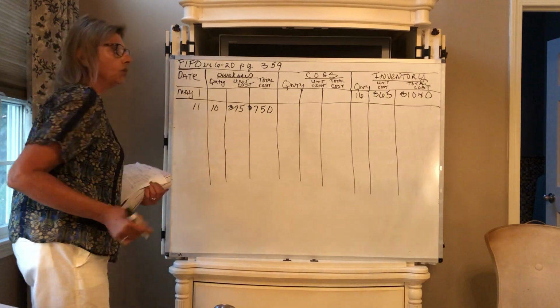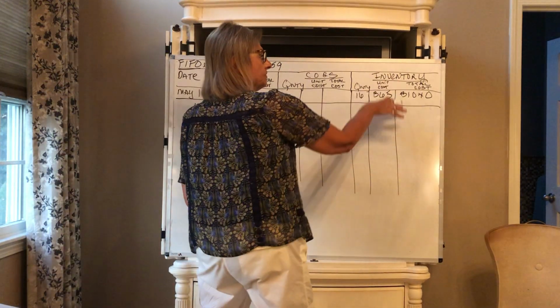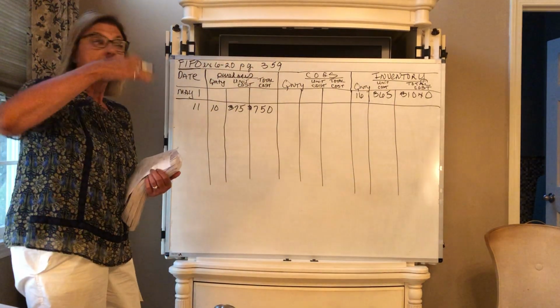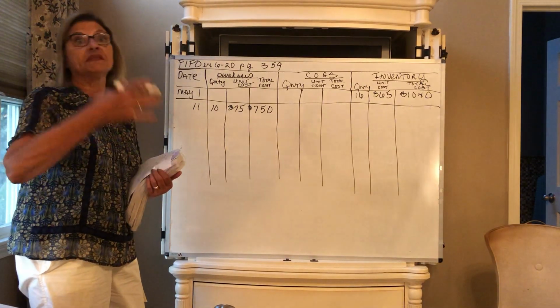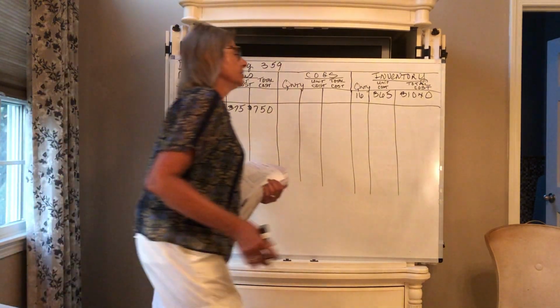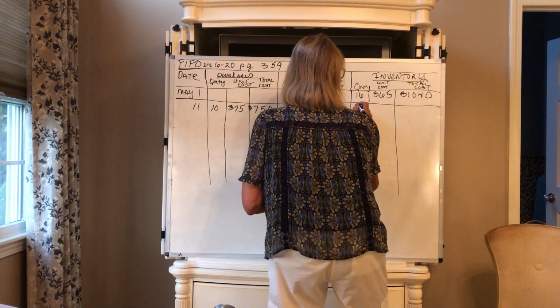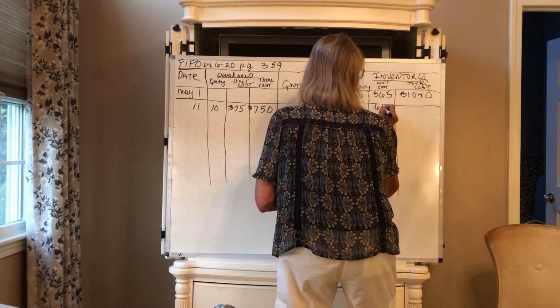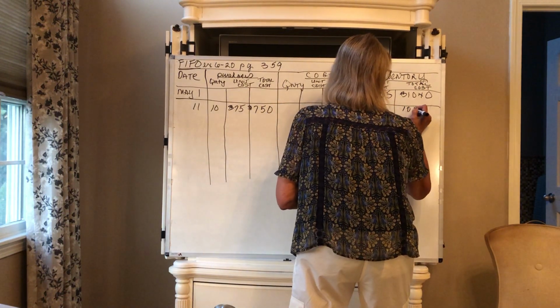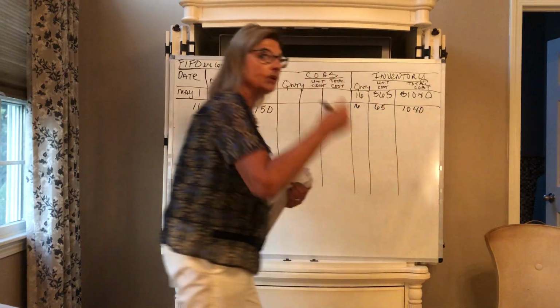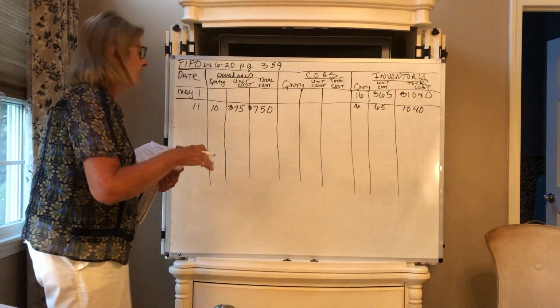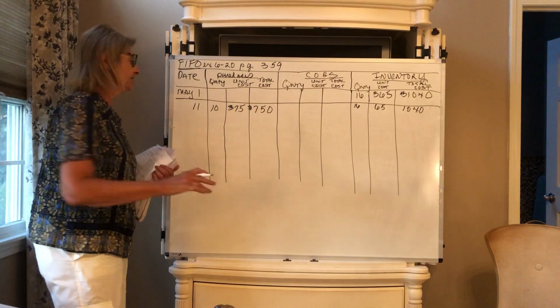And so now, what you do when you go to the inventory columns, you bring down the old and then you add to it. So we're going to bring down the 16 we already have at 65 for 1040, and then we're going to add the new. Always bring down the old first, no matter what method you use.